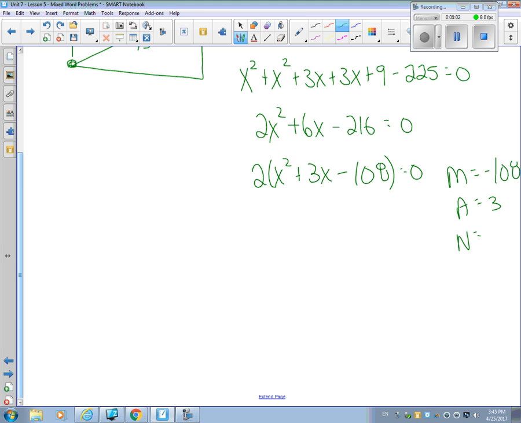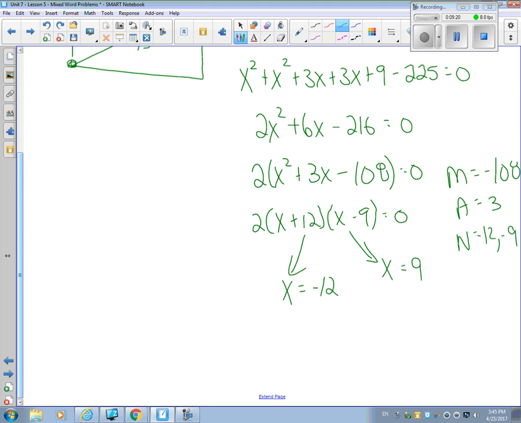3 digits apart. Well, if I try 12 and 9, that seems to come out to 3 if I make it a negative 9. So, x plus 12, x minus 9 equals 0. My zeros are negative 12 and positive 9. But I can't have negative lengths. That's inadmissible.